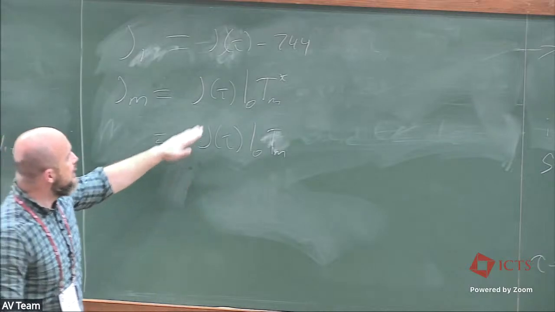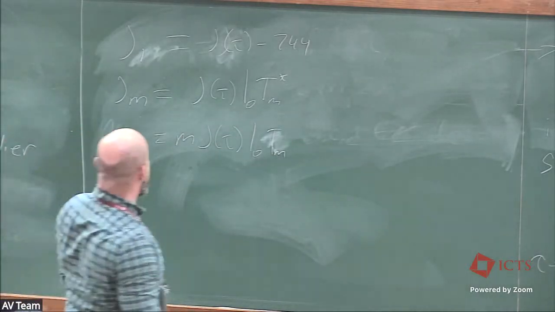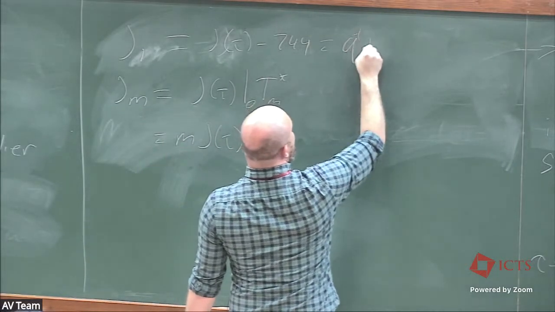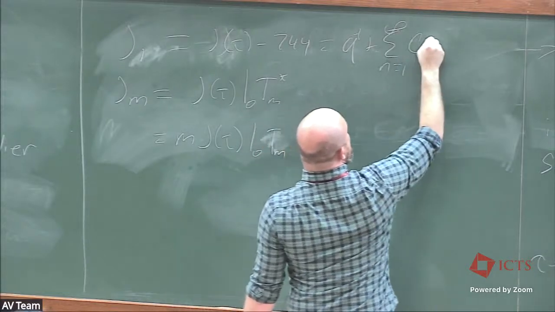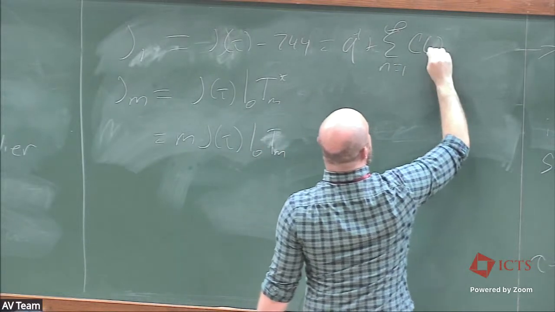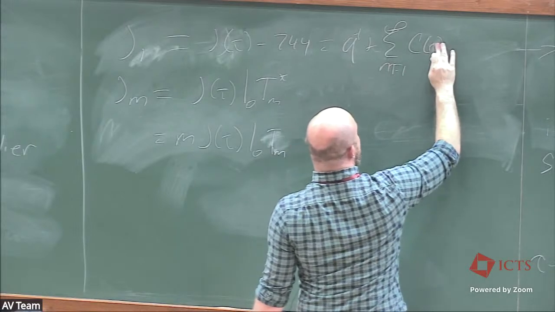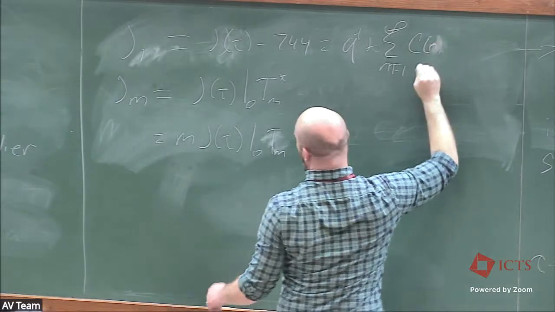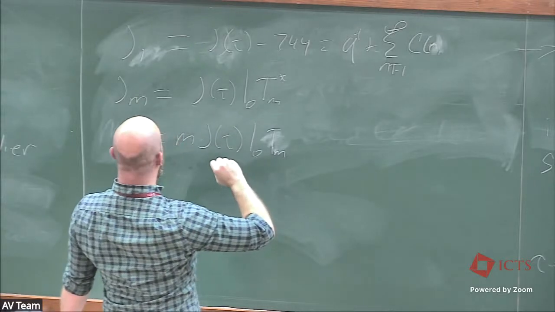Now let's actually look at this in terms of the q series. So J_1 here is going to equal q to the minus 1 plus a sum from n equals 1 to infinity of C of, I guess I have been using m for my indices today. I've got to be consistent one direction or the other.